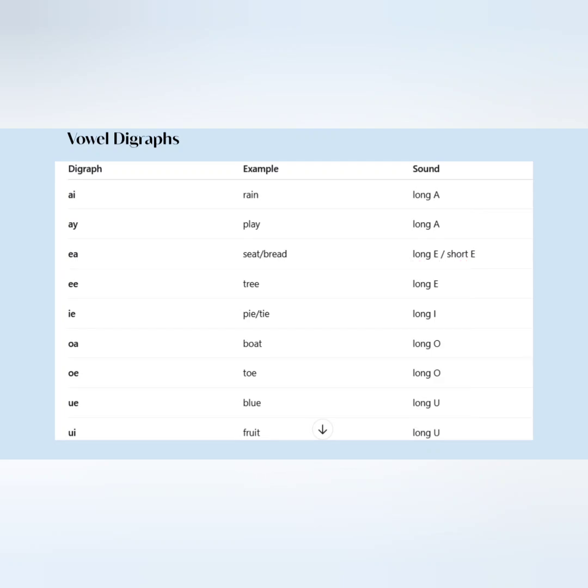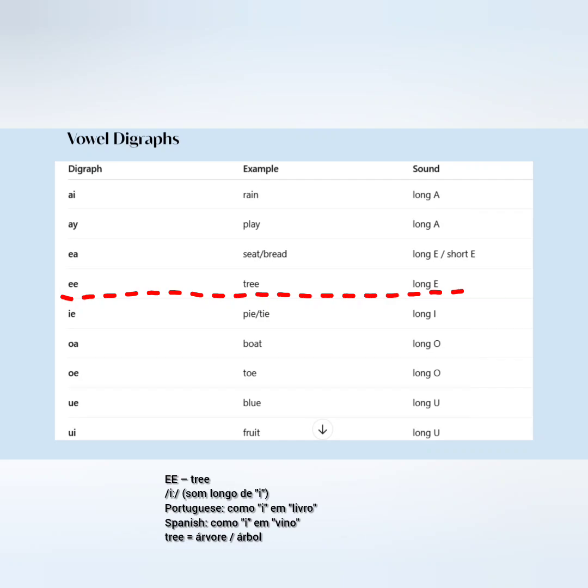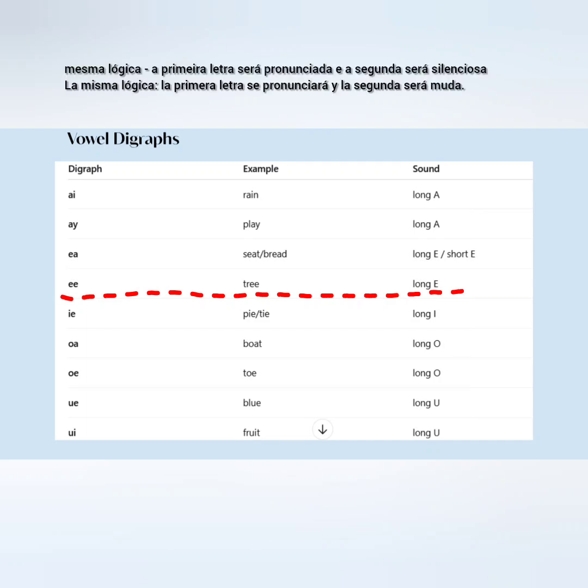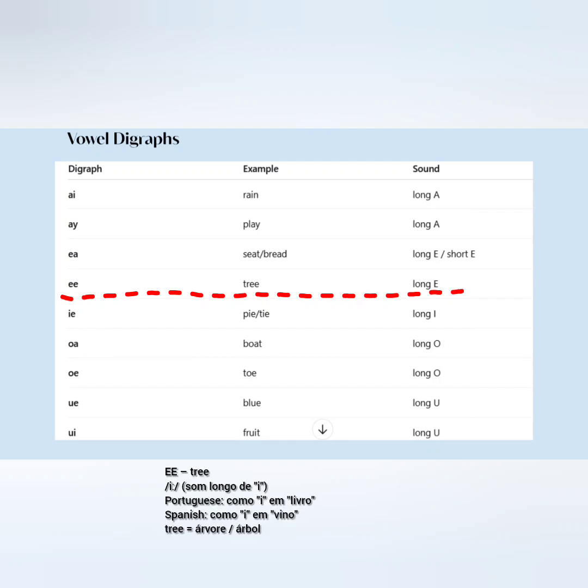Next is EE. So you pronounce the first E and the second E will be silent, although they are both the same letter, but we'll still use the same logic. So it will be pronounced as E. So it's a long E, as in tree.